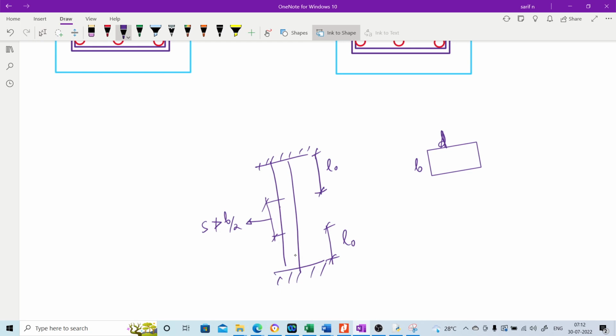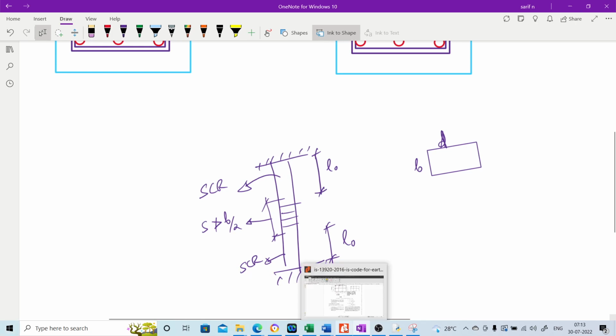So in this particular region where you are not providing special confining reinforcement, that is the rule, and in the region where you are providing special confining reinforcement, the spacing has to conform to special confining reinforcement. Now the code will say how much this L0 is and what the spacing of special confining reinforcement should be, etc.